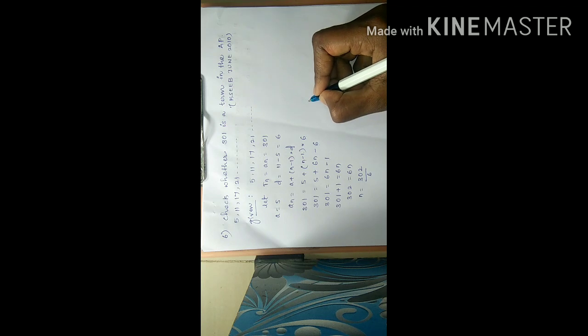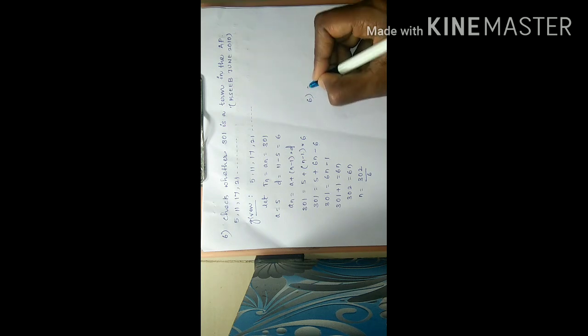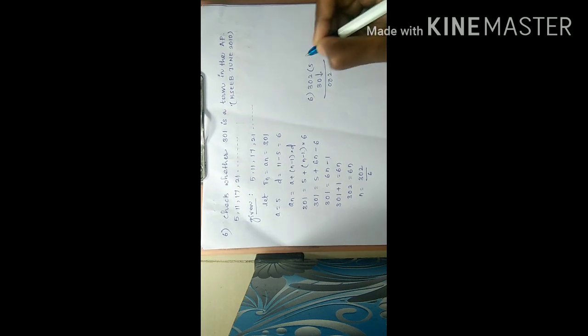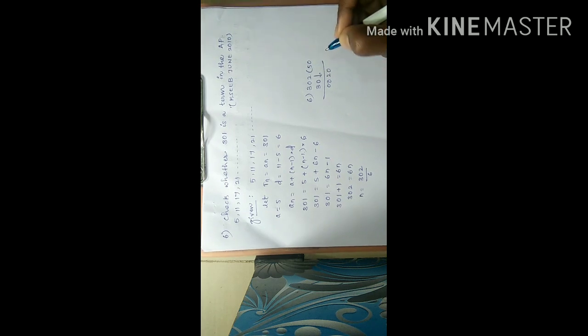So let me divide 302 by 6. So 6 5s are 30. So 0. 6 3s are 18.